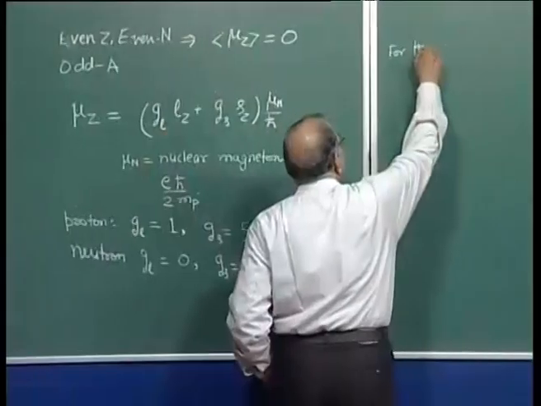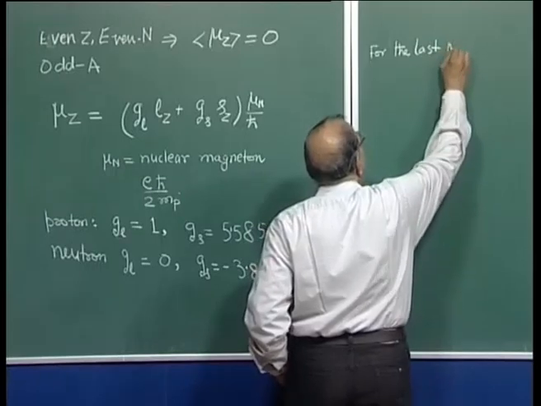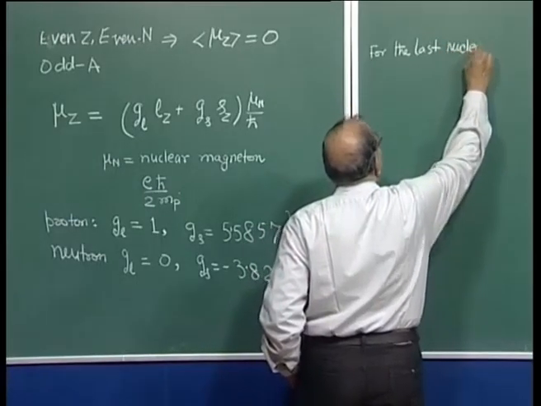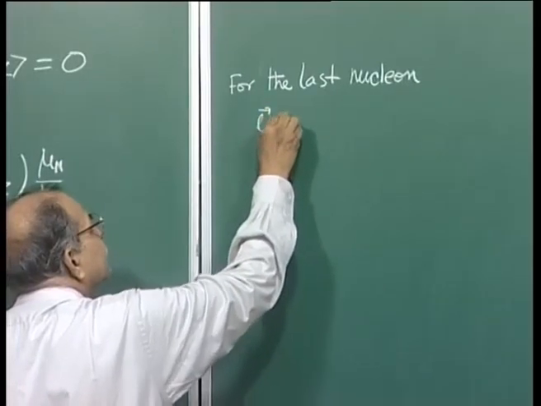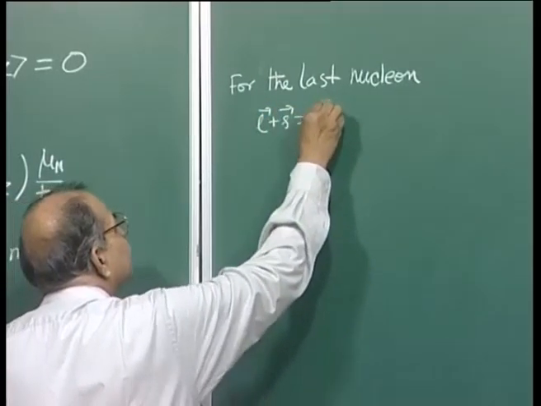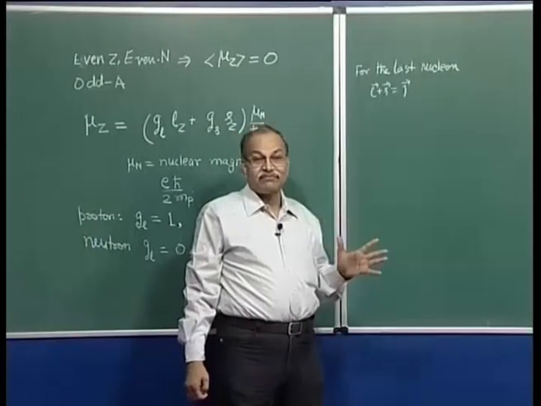Actually, for each nucleon, not only the last nucleon, L and S combine to J, because that L dot S interaction is very strong.